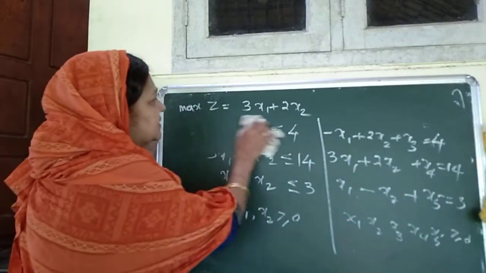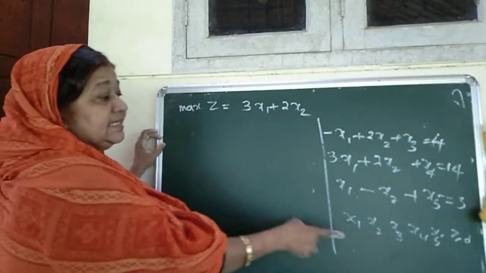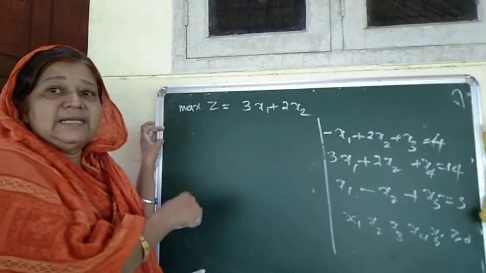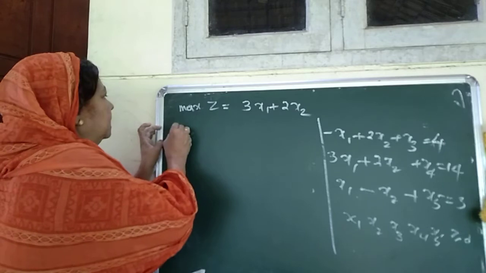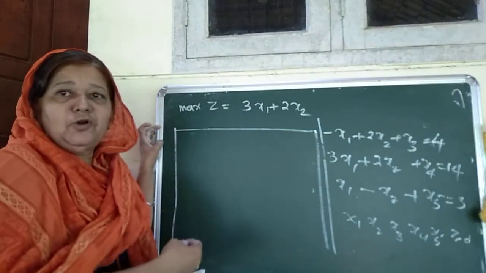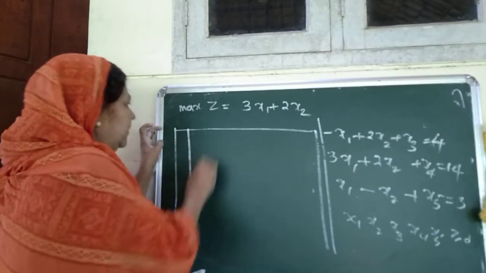Then let us see the first table. For the first table, we have 5 variables, so we have to introduce 5 plus 3 columns. By drawing more and more tables, you are aware of how to construct this table.